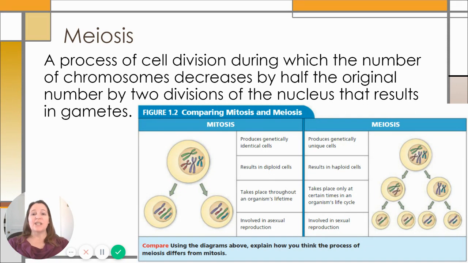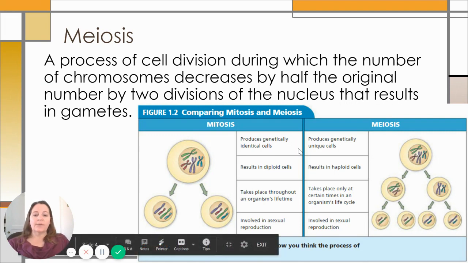If you want to pause the video and do a screenshot of it, these videos are all posted on my YouTube channel. There's a special playlist that is the Unit 8 notes, so you can pull it up there later also. Meiosis and mitosis are different, and this is a good summary of the ways that they are different.